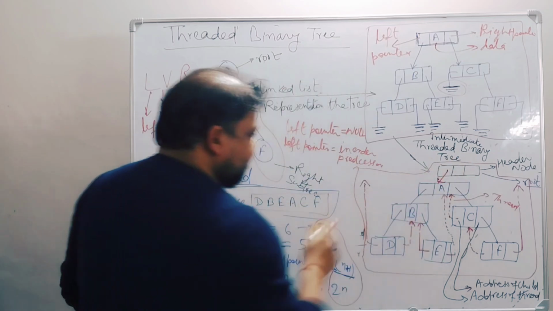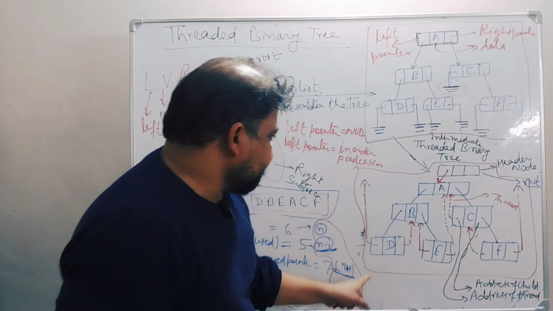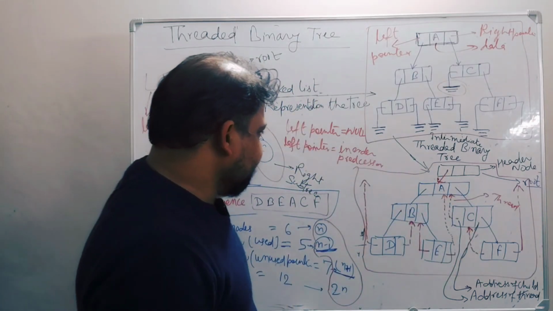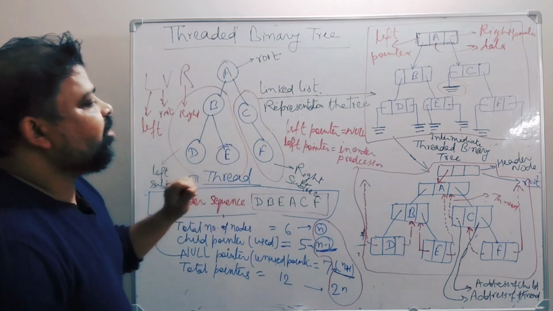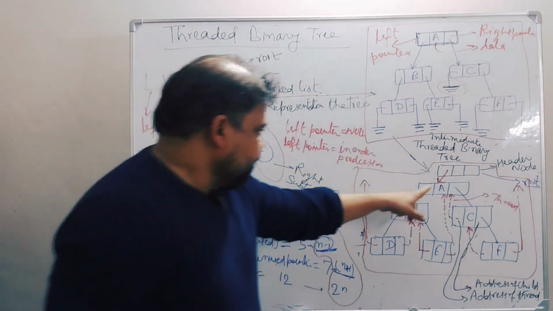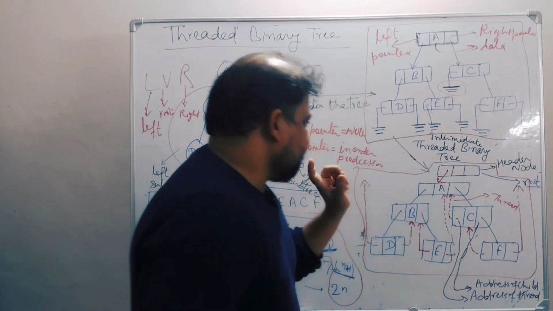The entire binary tree I have taken will work as a subtree of this threaded binary tree. So the left part of the header will point to the entire tree as a subtree.